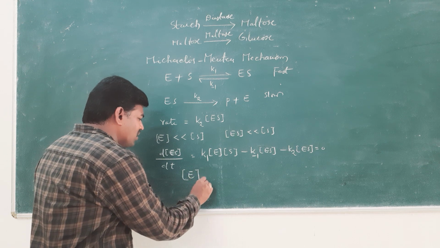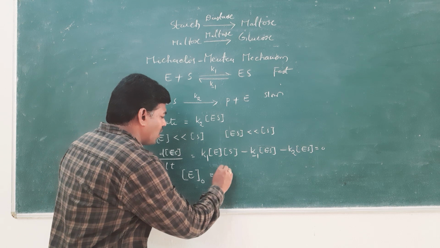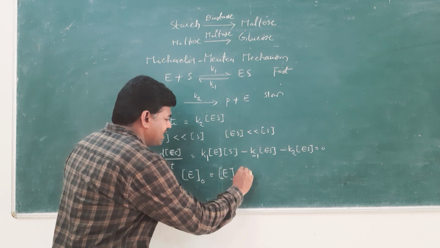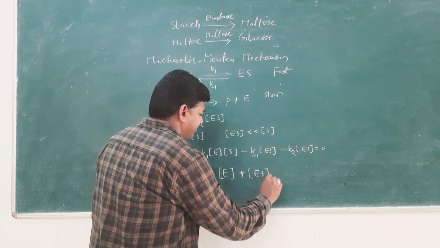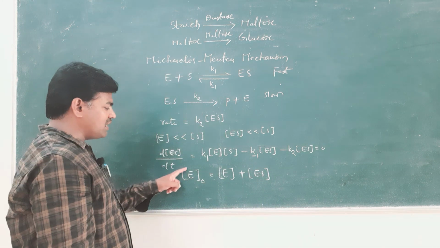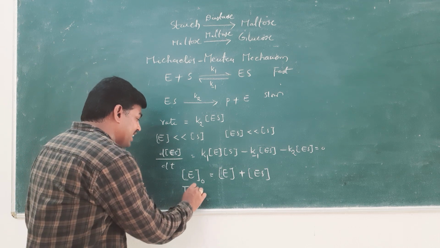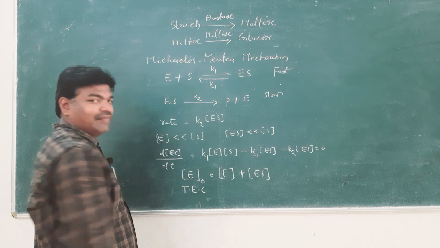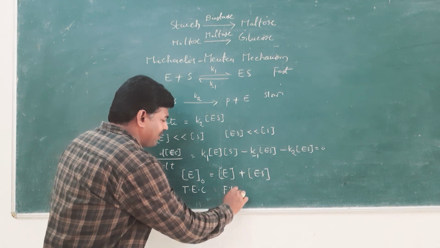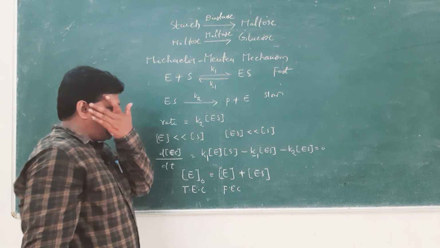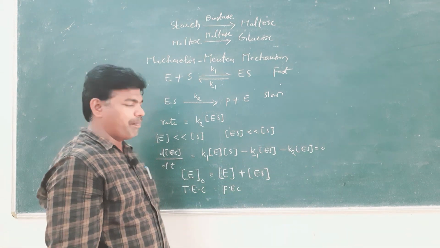The enzyme conservation equation is given by: total enzyme concentration is equal to free enzyme concentration plus enzyme substrate complex concentration, right? So, concentration of E naught means total enzyme concentration, concentration of E means free enzyme concentration, and concentration of ES is the enzyme substrate complex.